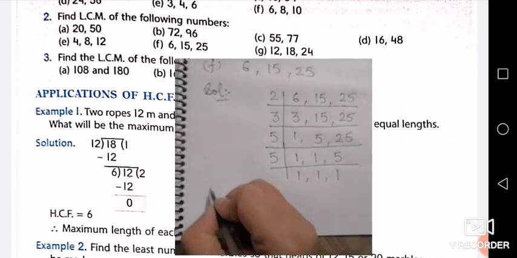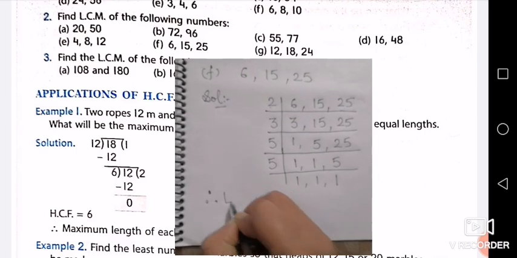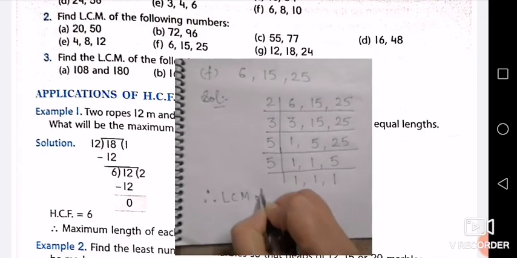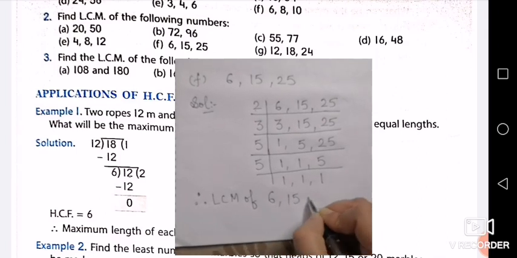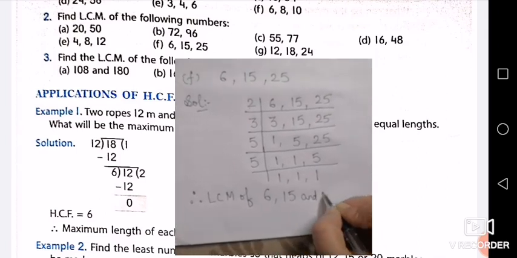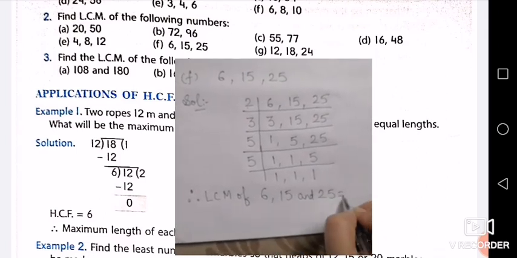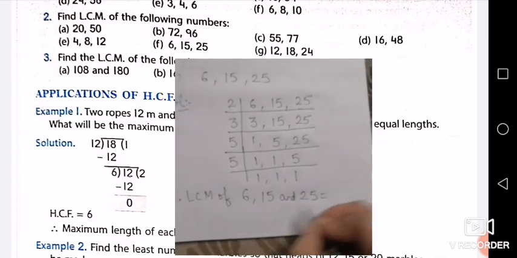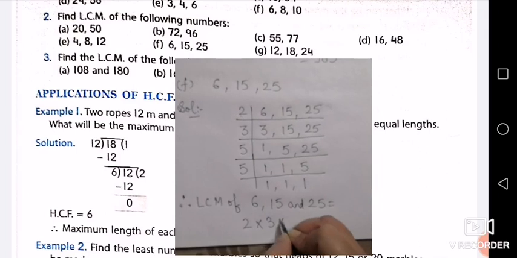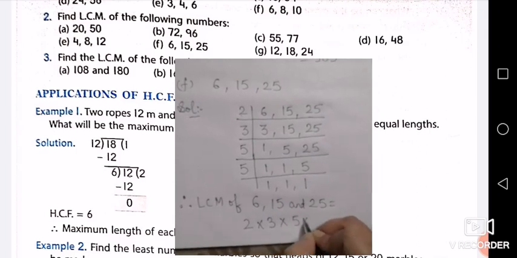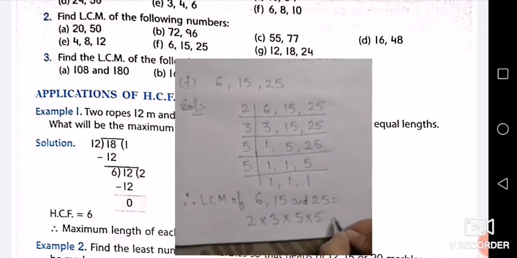Now we'll write therefore LCM of 6, 15 and 25 will be 2 multiplied by 3 multiplied by 5 multiplied by 5.